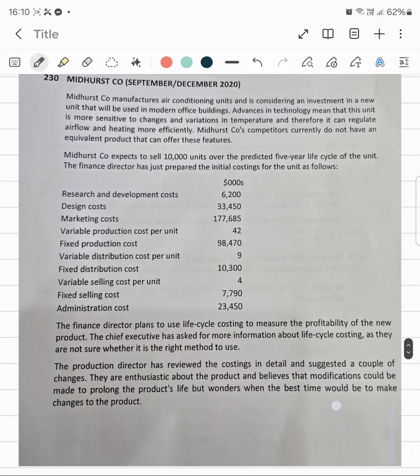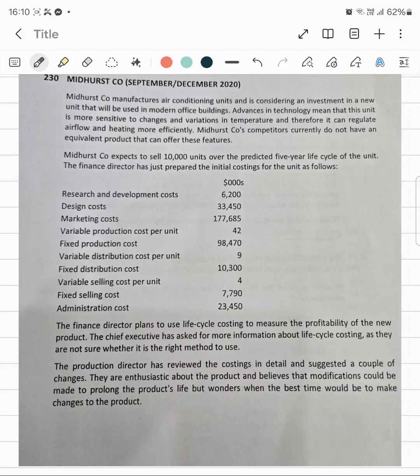As I read in the question, the research and development cost is 6,200, and the figures need to be in thousands. So the per unit cost will be 6,200 into 10,000.